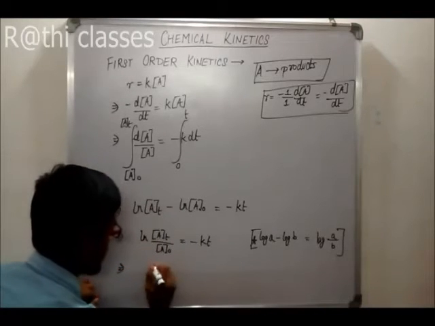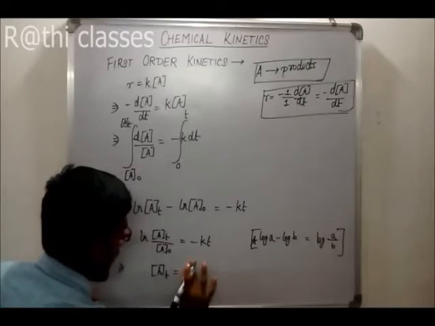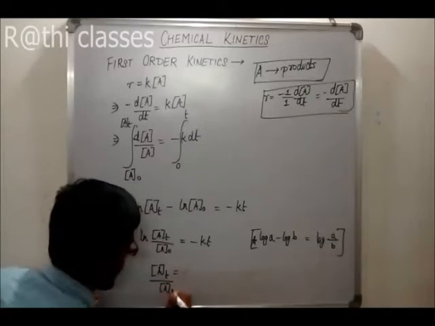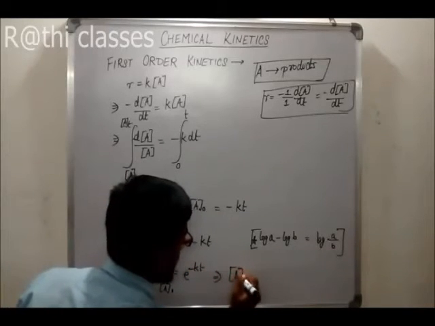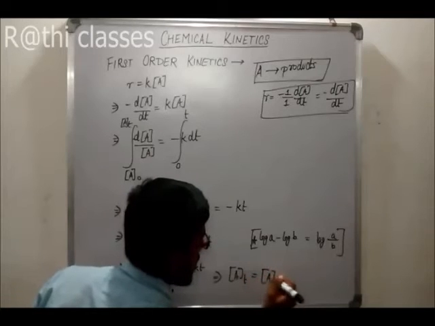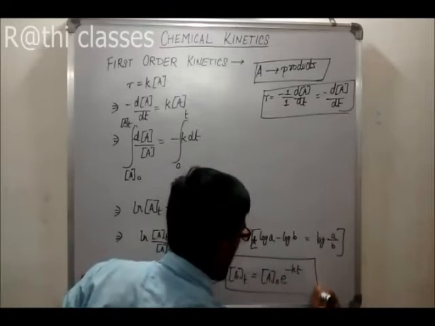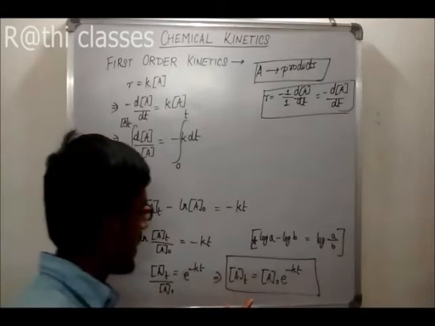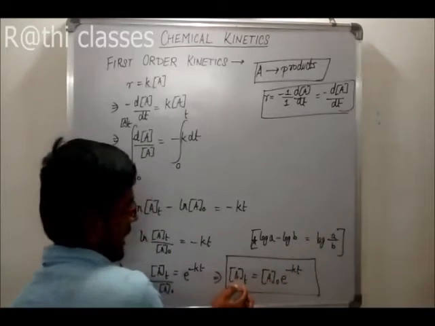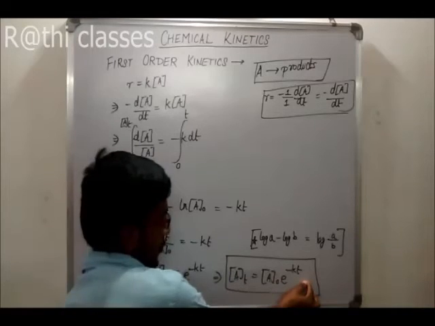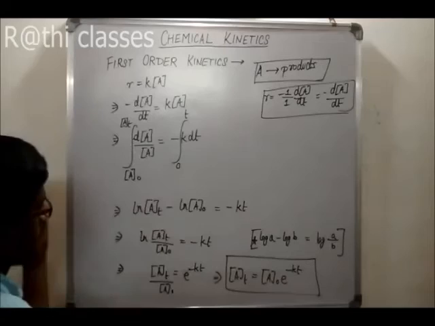Taking anti-log on both sides, I can write At upon A naught is equal to e to the power minus Kt, or I can even write that At is equal to A naught into e to the power minus Kt. This is the first result, which is the relation between the concentration at time t with time, using the initial concentration of A at time t equal to 0.